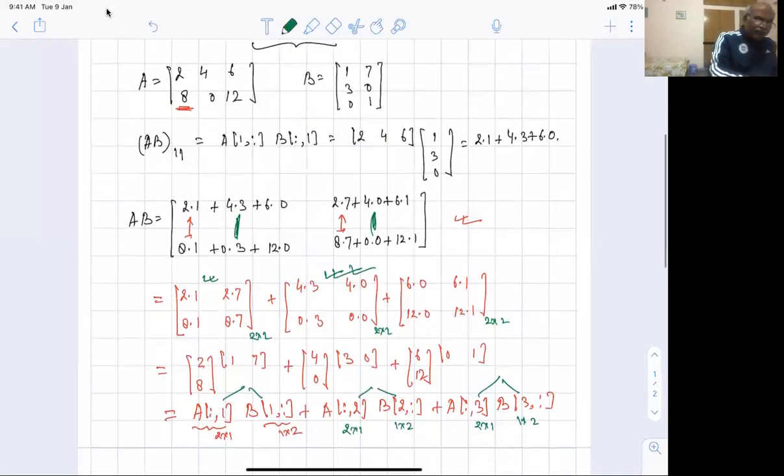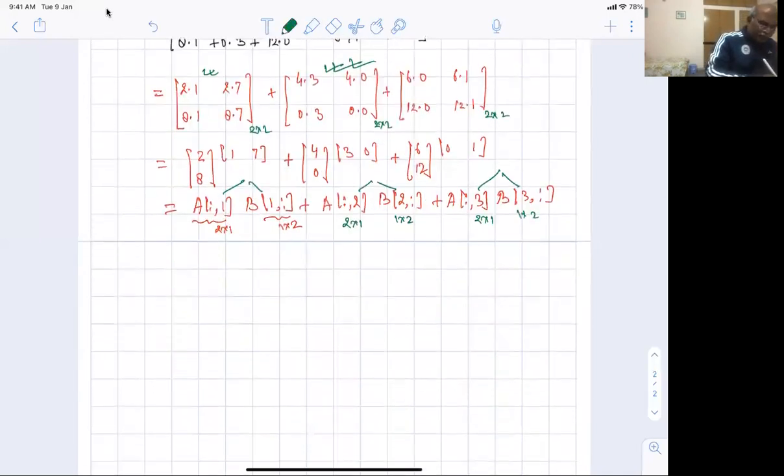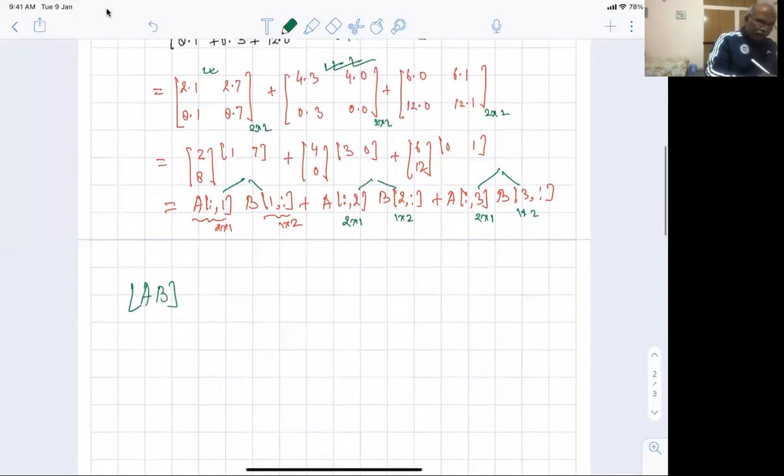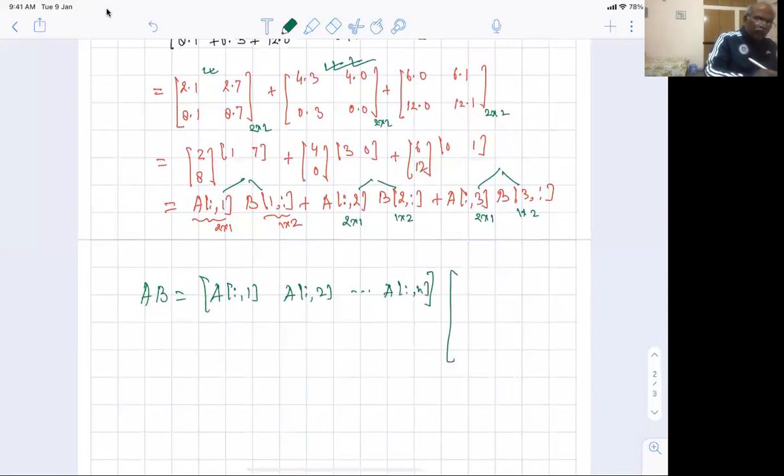So what we are saying here is that when I want to look at matrix multiplication AB, I'm looking at the columns here. The first column, second column, third column of A. So I can write this as first column, second column, like this till the nth column of A. This is my A. For B, I am supposed to write the rows here.